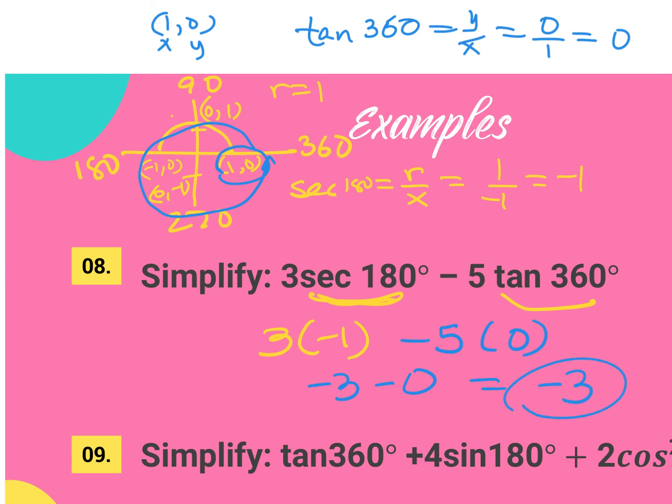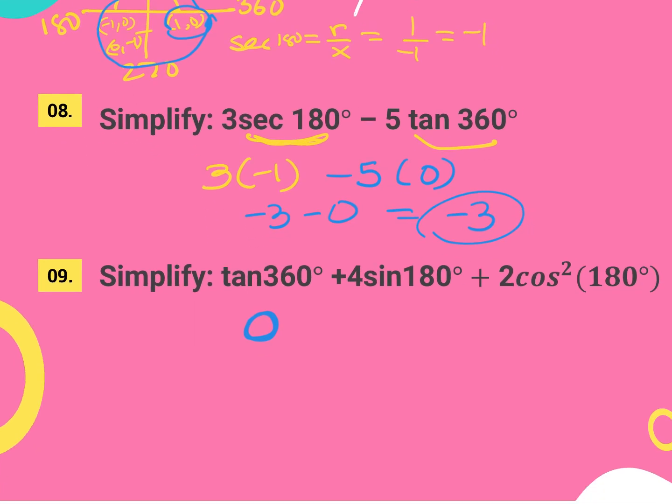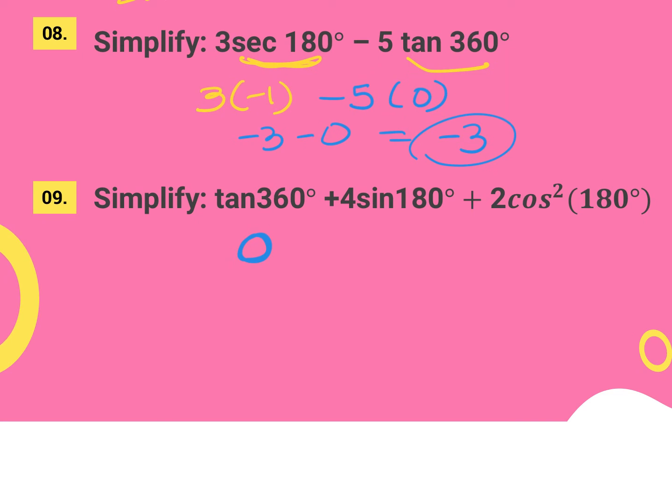Let's try the next one. We just did tangent of 360, so I already know that that's 0. Now let's do sine of 180. Let me come down here again. So the 180-degree angle is here. So the order pair I'm using is -1, 0.